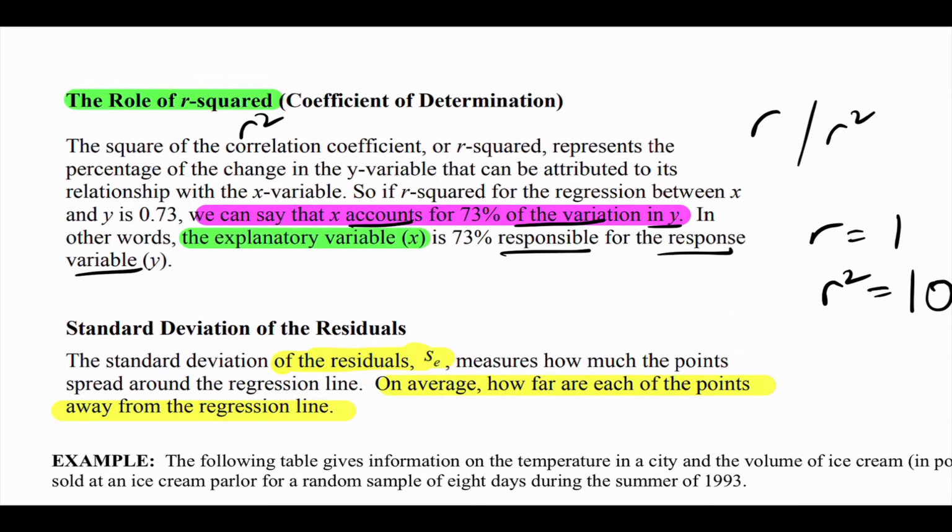And then we're going to change out the percent, and then the response variable. For ours, I think it said right hand span is X, left is Y. So we would say the right hand span is blank percent responsible for the left hand span.